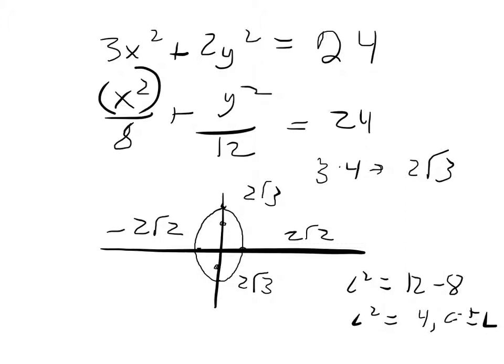And so then I can label the coordinates of my foci 0, negative 2, and 0, 2. So the center of the ellipse is at 0, 0, the length of my minor axis is going to be 4 root 2, the length of my major axis is going to be 4 root 3, and the coordinates of my foci are 0, 2, and 0, negative 2.